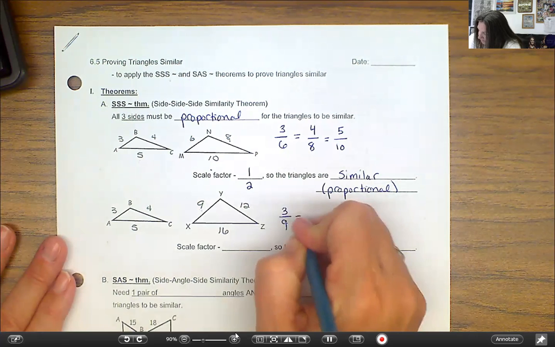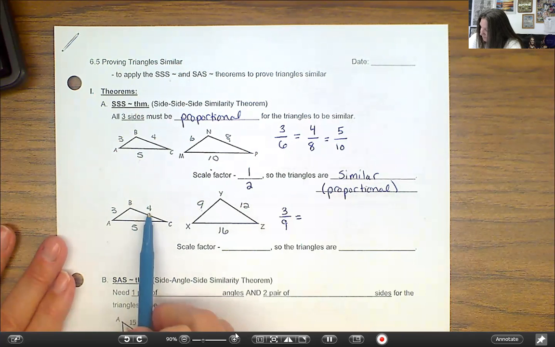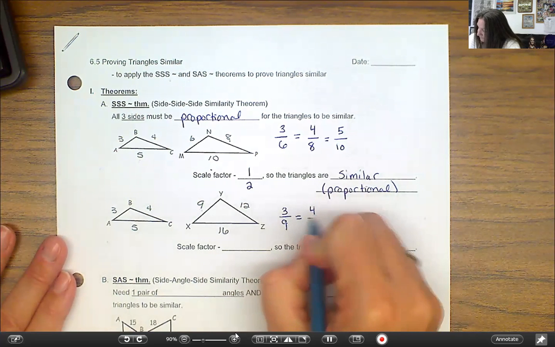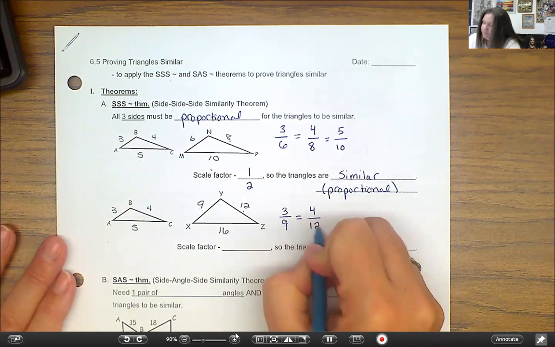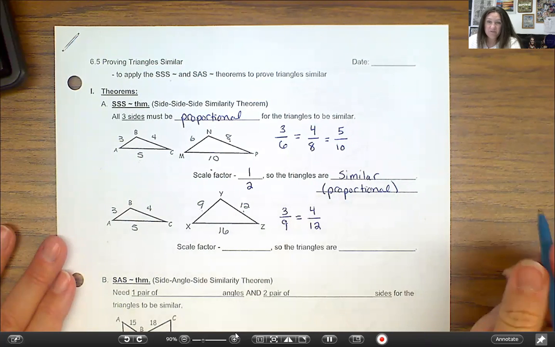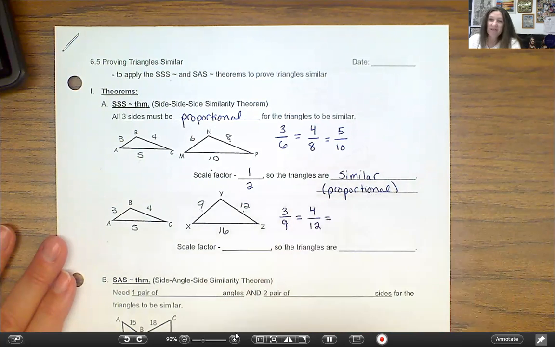So I need all of my scale factors to be able to reduce to 1/3. So let's look at that next smallest side, which is 4. That would compare to the next smallest one over here, which is 12. And 4/12 does reduce to 1/3. So far so good. But we have to check all three.